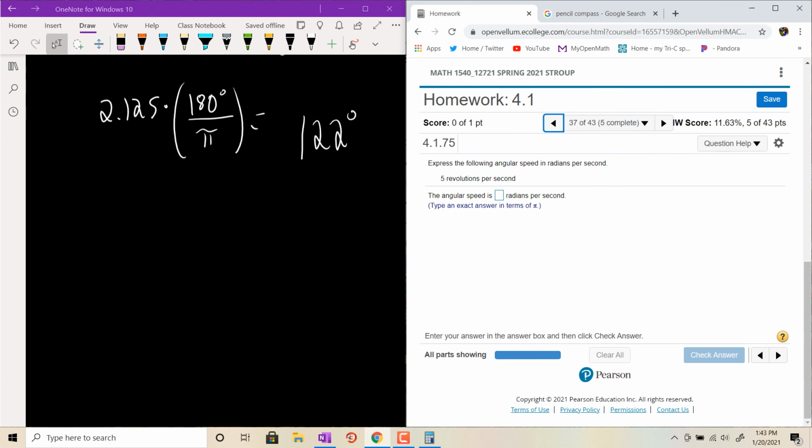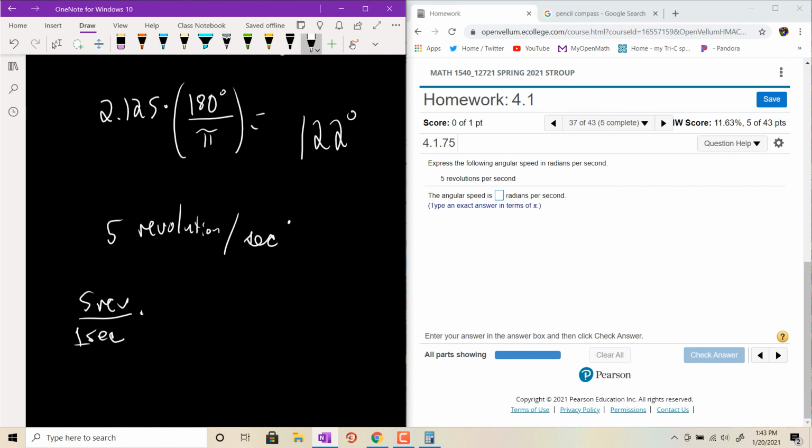Express the angular speed in radians per second. 5 revolutions per second. Again, you can convert that by noting that there are 2 pi radians in 1 revolution. So you'd have 5 revolutions per second, and then you just multiply it by this converting factor: in 1 revolution, there are 2 pi radians.